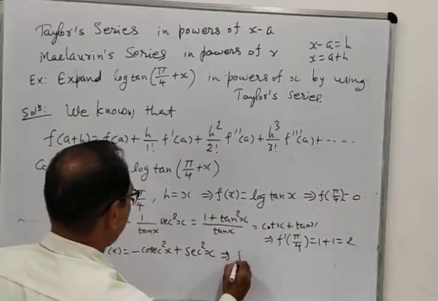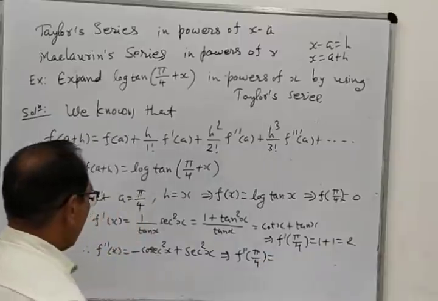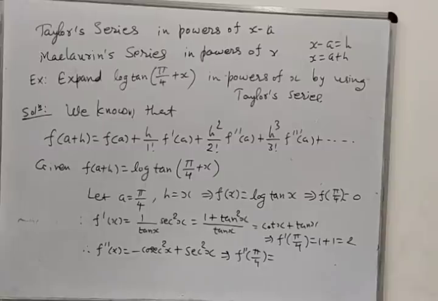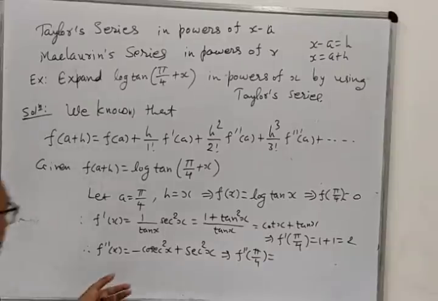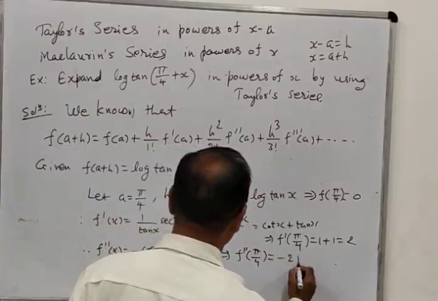Here again f double dash pi by 4 is minus cosec squared pi by 4. What is cosec pi by 4? Do you know? Cos pi by 4 is 1 upon root 2. Sin pi by 4 is 1 upon root 2. So it has the value minus root 2 whole squared. That means minus 2.